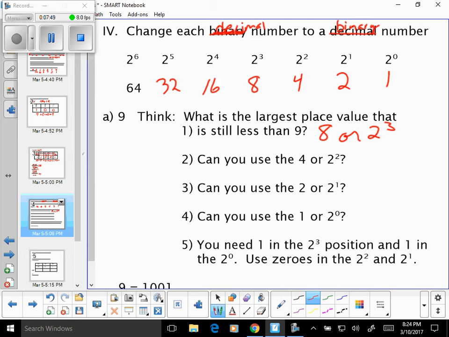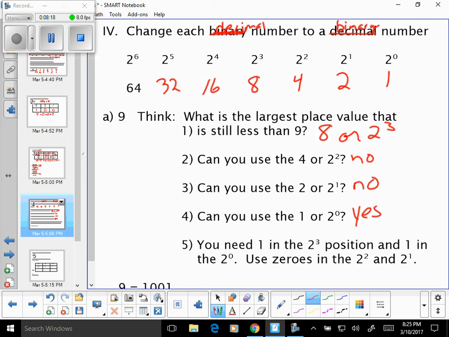What's left? 9 minus 8 is 1. So can I still use the 4? No. Can I still use the 2? No. Can I use the 1? Yes. So I am going to need a 1 in the 2 to the third position and another 1 in the 2 to the 0 position.